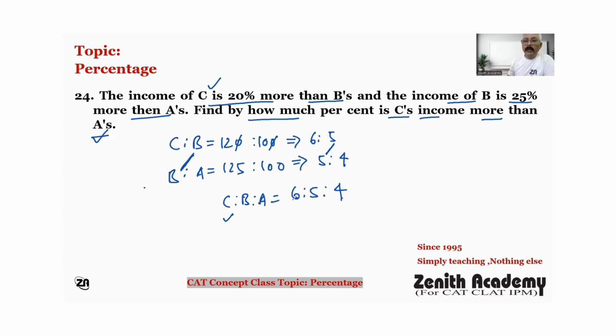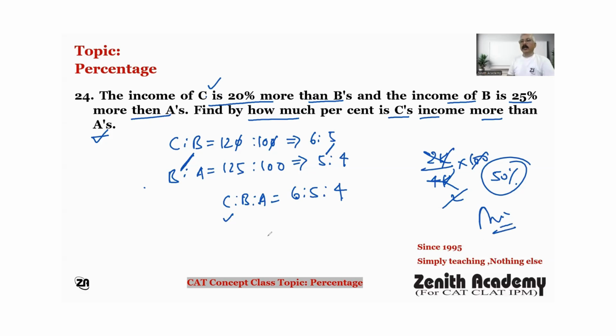With respect to A, 6K is 2K more than 4K. So कितनी ज्यादा है? 2K. इसके रिस्पेक्ट में 4K के रिस्पेक्ट में 100 is 50%. Answer is 50%.